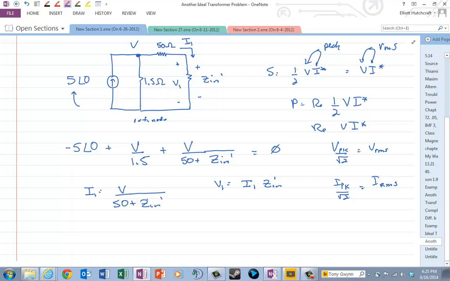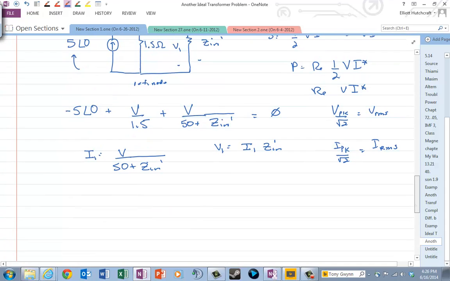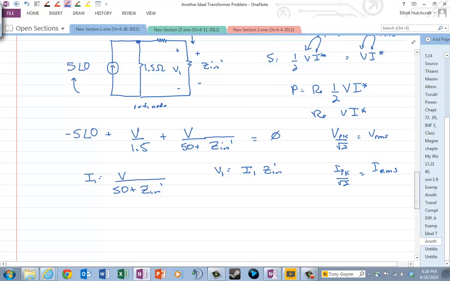Okay, well, since this is in peak power over there, then one thing we need to do is really convert this 5 angle 0 to square root of 2. Or we can say that our values are in peak and calculate formulas based on that.